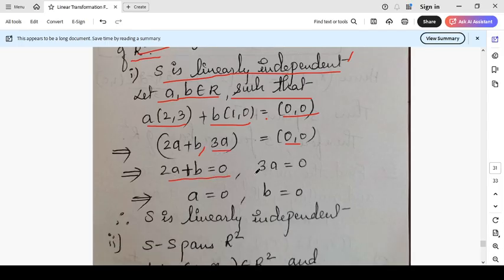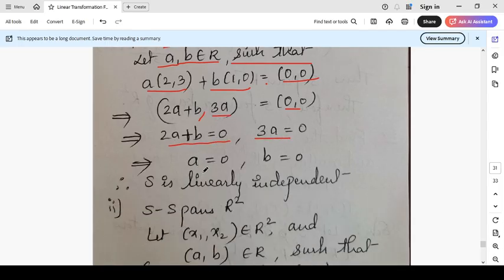So 2a plus b is equal to 0 and 3a is equal to 0. Obviously a is equal to 0. If 3a is equal to 0, it means a is equal to 0. Put a equal to 0 over here and we get b is equal to 0. Therefore S is linearly independent.